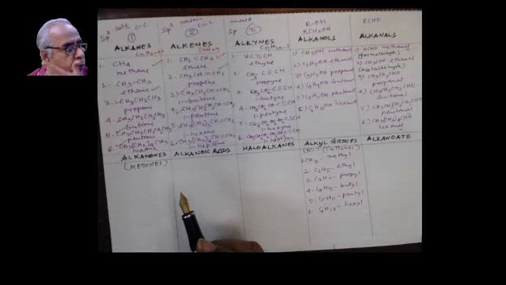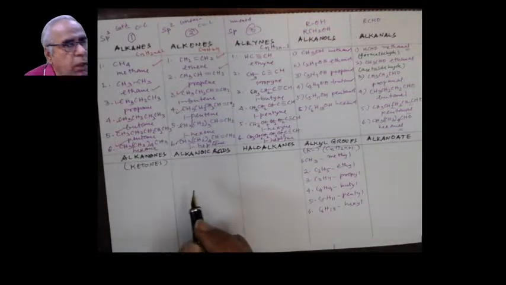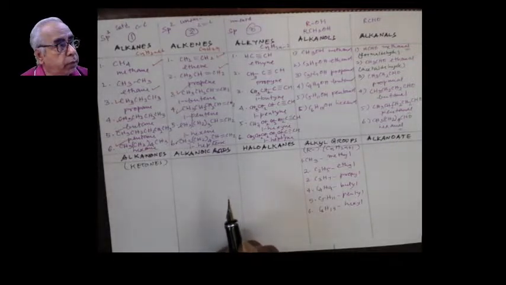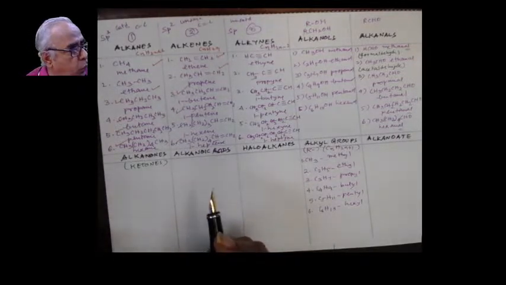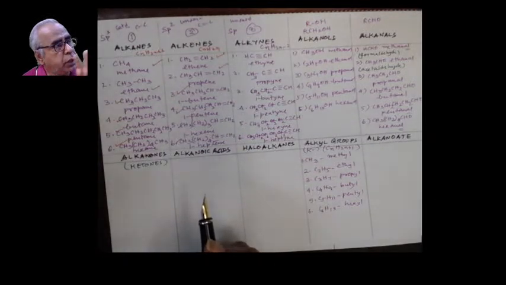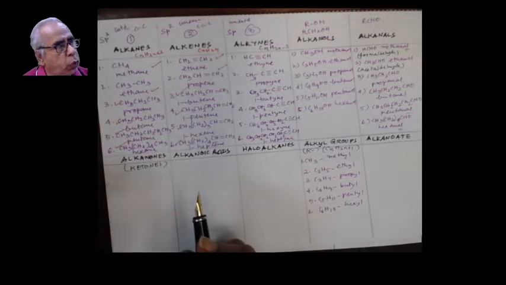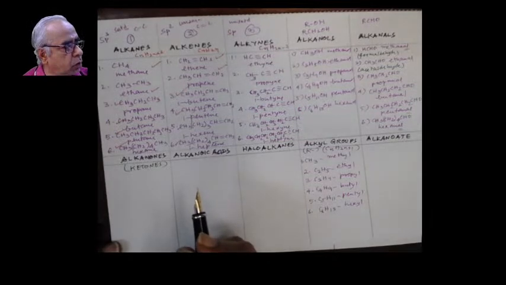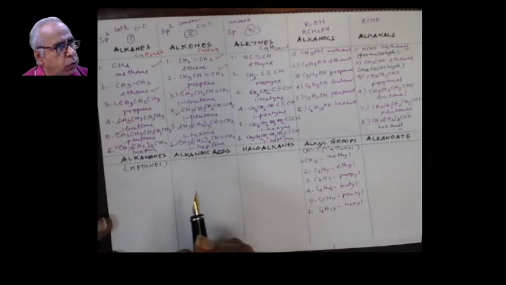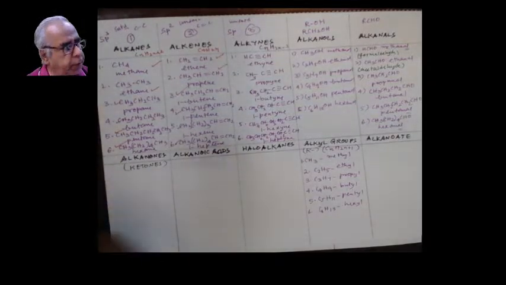Actually, the carbonyl group is also known as the queen of organic chemistry, because we are able to get millions of derivatives based on the carbonyl group alone, and that is why the carbonyl group dominates the entire organic chemistry. What are carbonyl compounds? Aldehydes, ketones, carboxylic acids, and their derivatives are called the carbonyl derivatives. I will explain that separately.